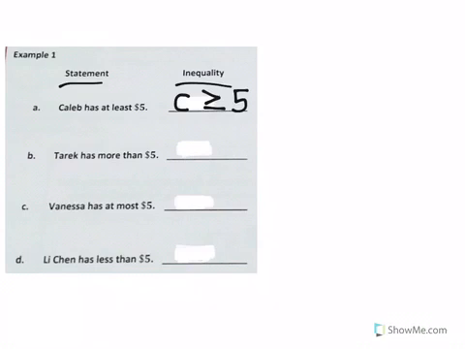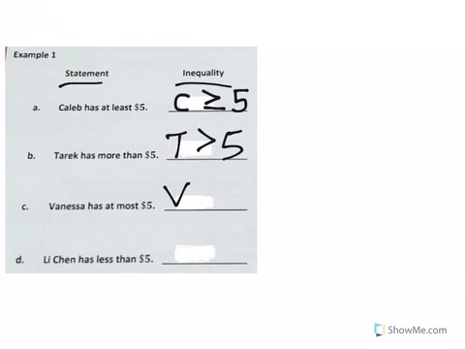Tarek has more than $5. In that case, we'll say T for Tarek. More than means greater than 5, right? T is greater than 5. Vanessa has at most $5. So she has $5 at the most, but she doesn't have more than that. So we'll say V for Vanessa's amount of money.